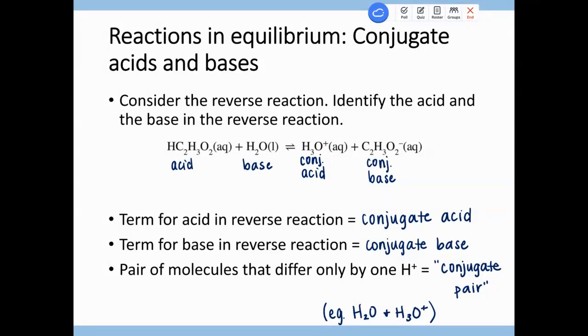H2O does not have it. For conjugate pairs, one is the acid for that reaction and one is the base. And then one of them is the conjugate. So in this example, H2O is the base. Well, then H3O+ is the conjugate acid. The first molecule is the acid. The last one is the conjugate base. So they are a conjugate pair. One's an acid, one's a base.